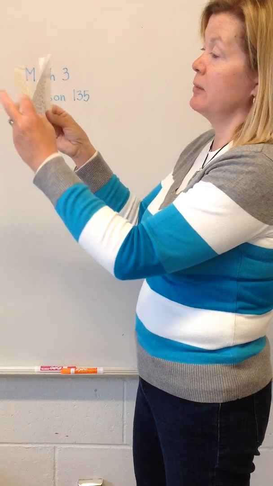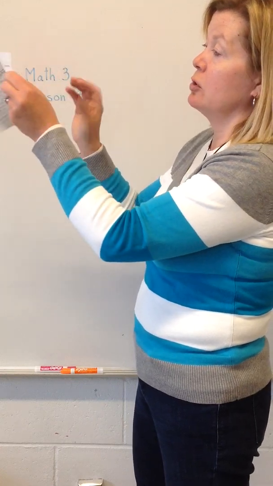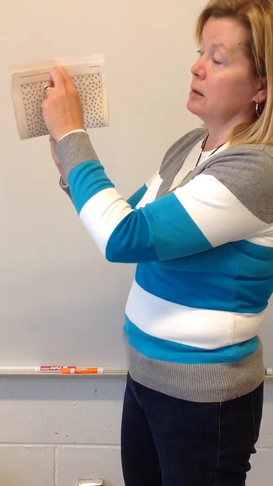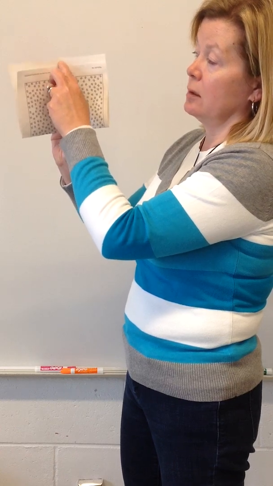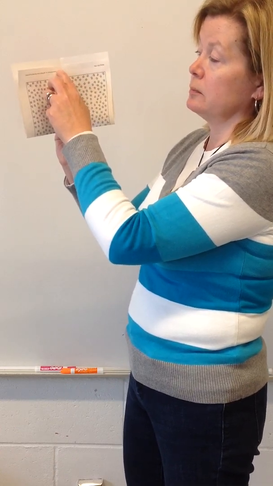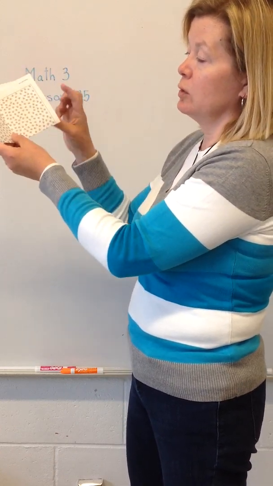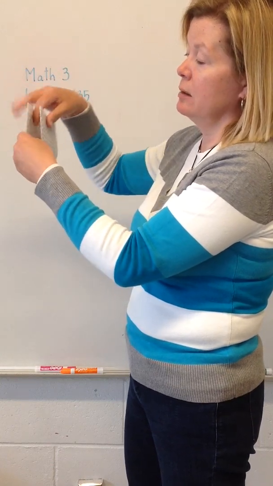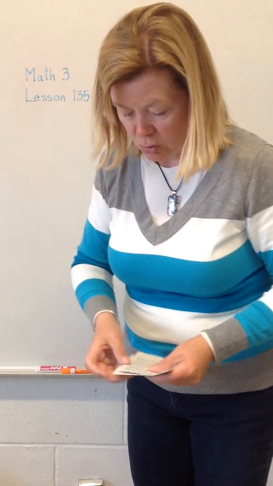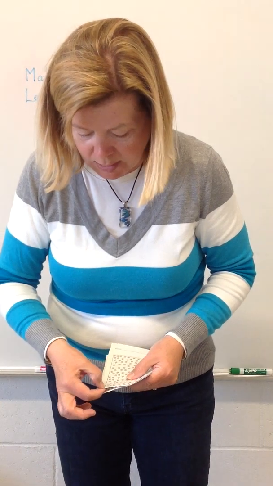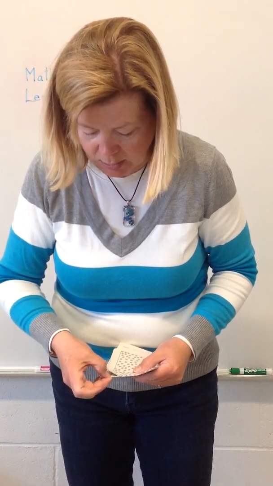I just held it up to the light and lined it up. So you can see on the other side that it is not matching. And that's what I want. Then to fold it in half the other way, I've just made sure that this line matches up with this line.